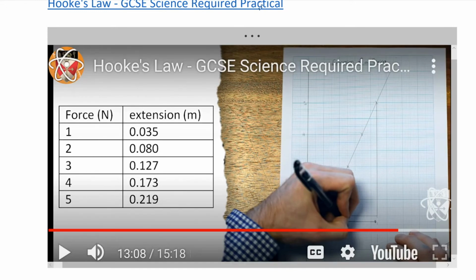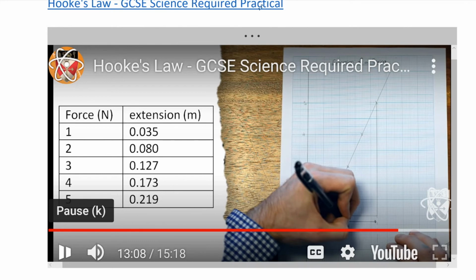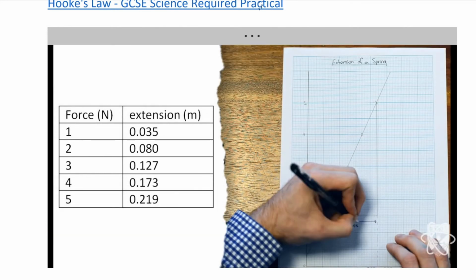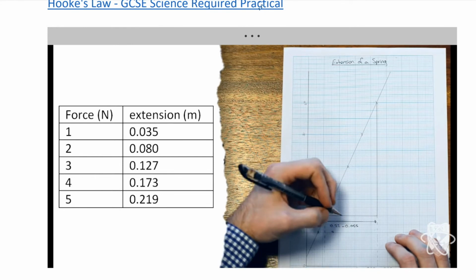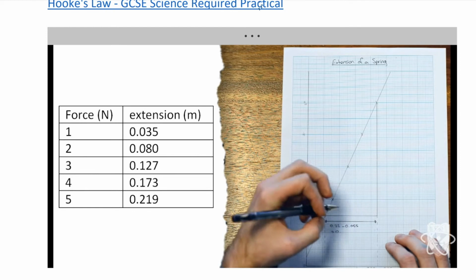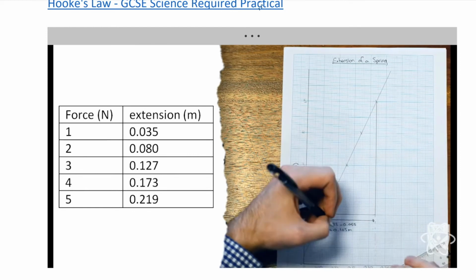You'll have different values on your graph because you'll be taking different points, I'd imagine.